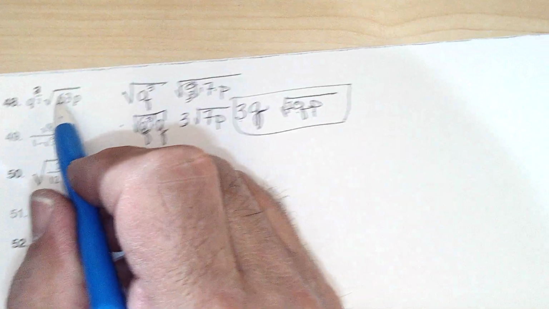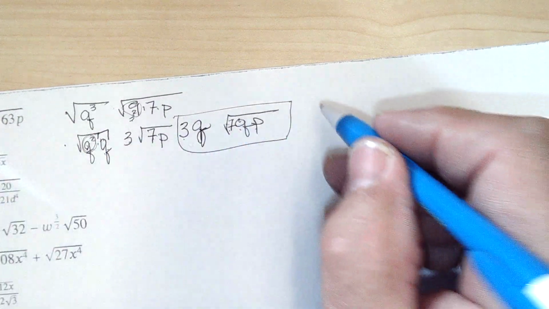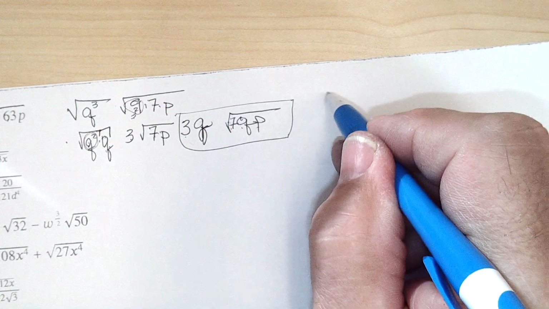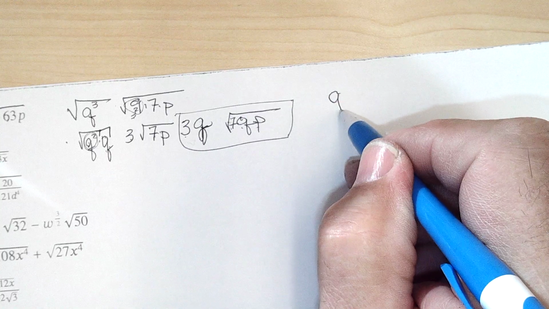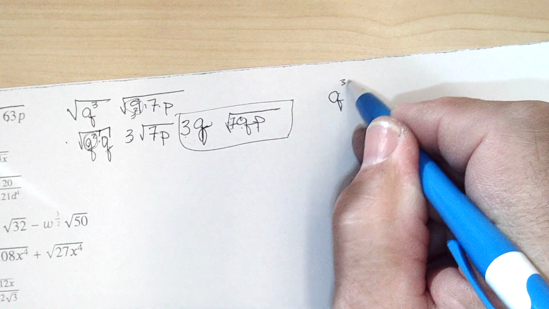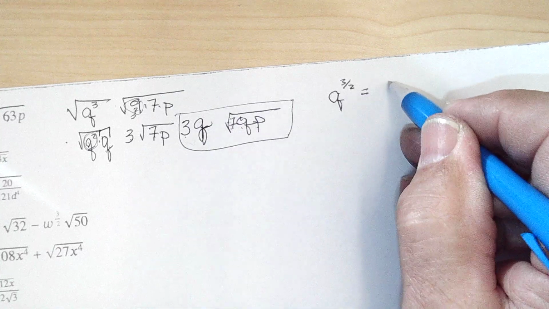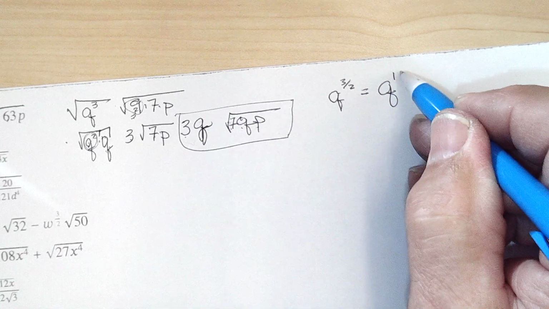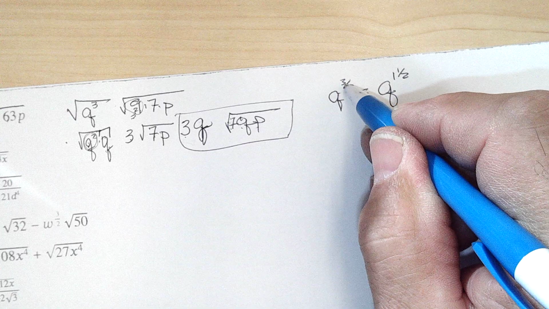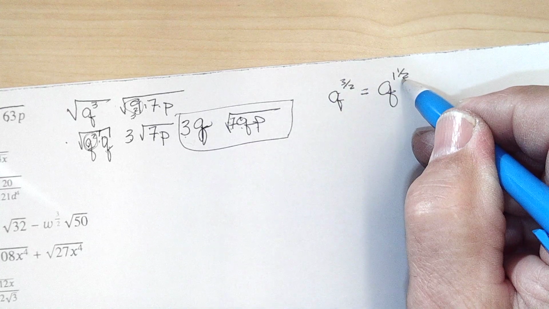Now, if I did it thinking more of powers, I could think of another way to think about this. q to the 3 halves is q to the 1 and 1/2, changing the 3 halves to a mixed number.